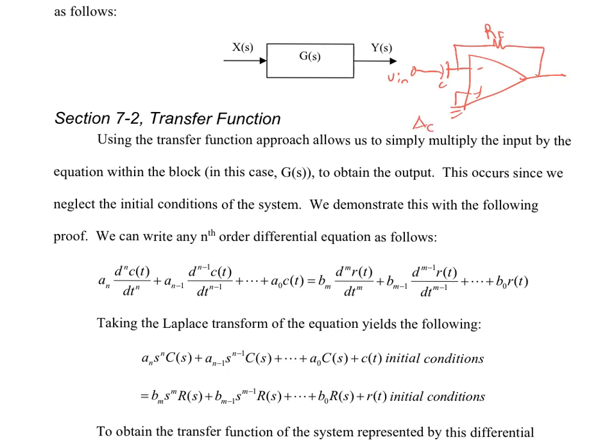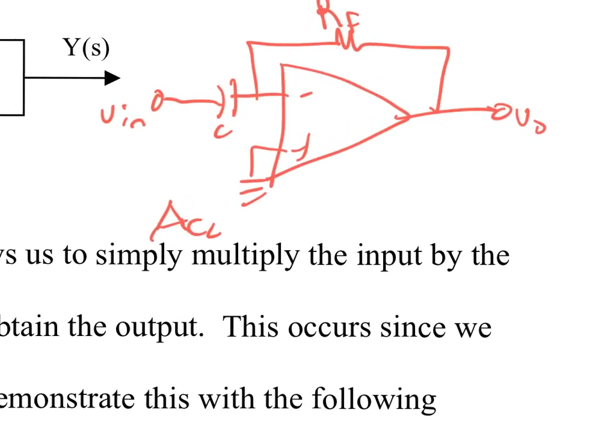What is A closed loop going to be for this system? RF is the feedback resistor. This is your capacitor that connects to your input. Your output is V out. I can zoom in a little more, make it more legible. How's that?